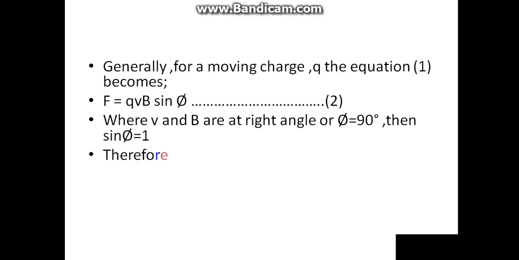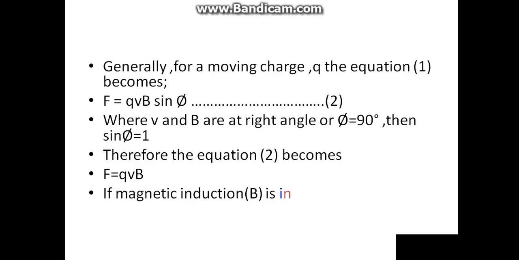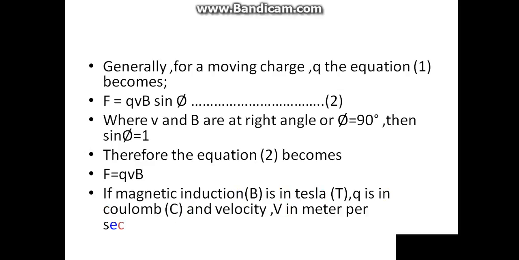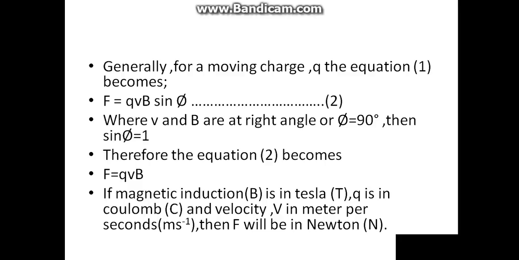Therefore, equation 2 becomes F = QVB. If magnetic induction B is in Tesla, Q is in Coulomb, and V in meters per second, then F will be in Newton.